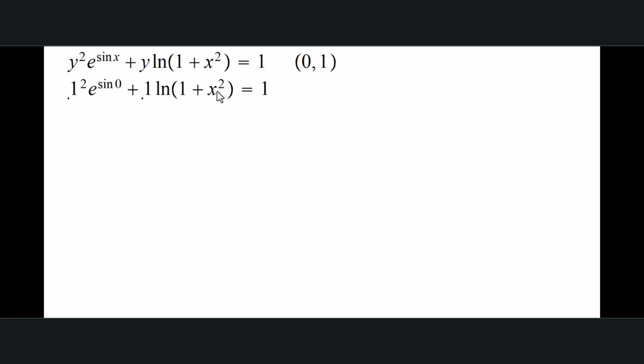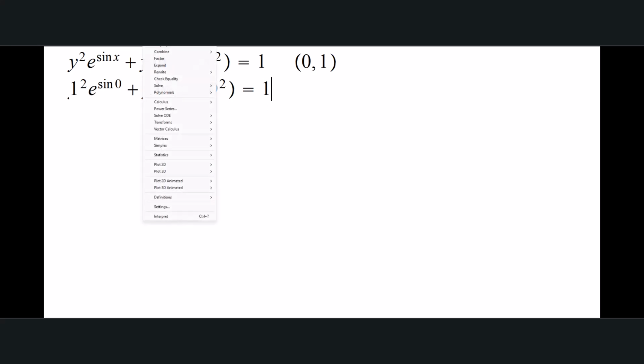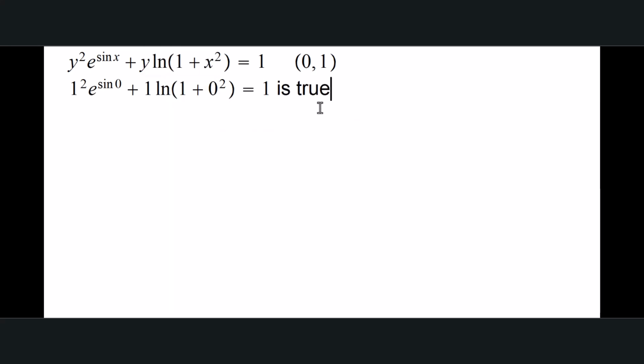Here we got 1, e to the sine 0 is e to the 0, that is 1. So this portion is 1, and this will be 1 times natural log of 1. Natural log of 1 is 0. So we do get 1 equals 1, okay? And so this equation is true.